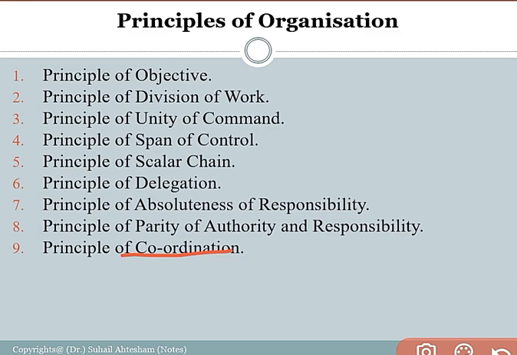And according to principle of coordination, all the human and non-human factors should be placed in the right way, and used and utilized in the right way, and there must be coordination between the manpower in the formal organization so that the manpower can use and utilize the non-human resources in an effective way so that the production can be done at high rate.